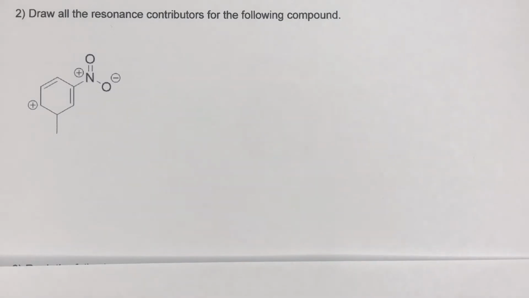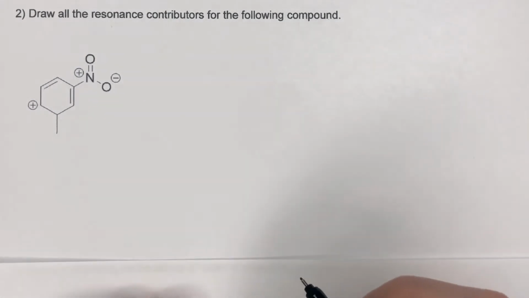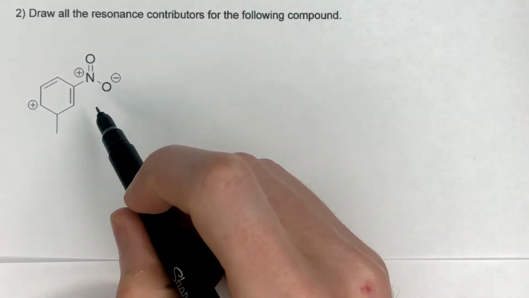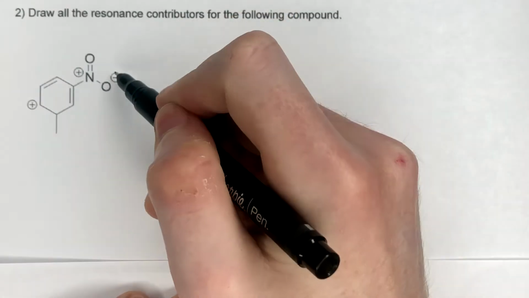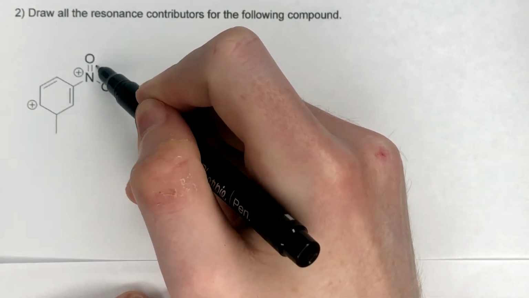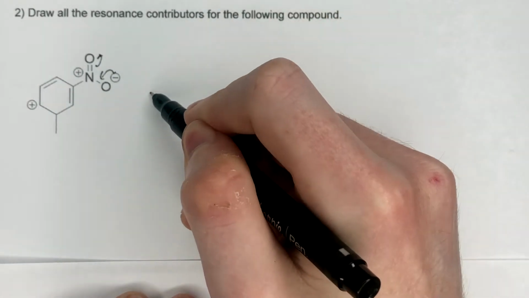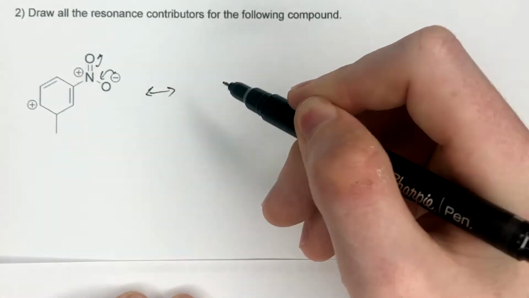All right, so here we have our second question, and we are asked to draw all the possible resonance contributors for the following compound. The first thing I notice is we have this nitro group with the NO2, and this negative charge on the oxygen can easily delocalize in a resonance structure through the nitrogen, like drawn here.